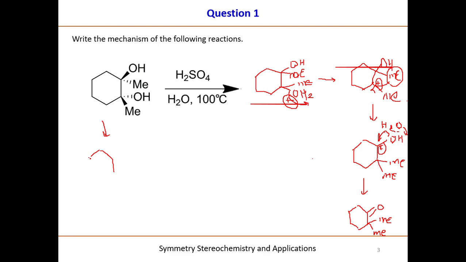Correct? After protonation, we can draw the chair conformation to better understand the elimination of the group.